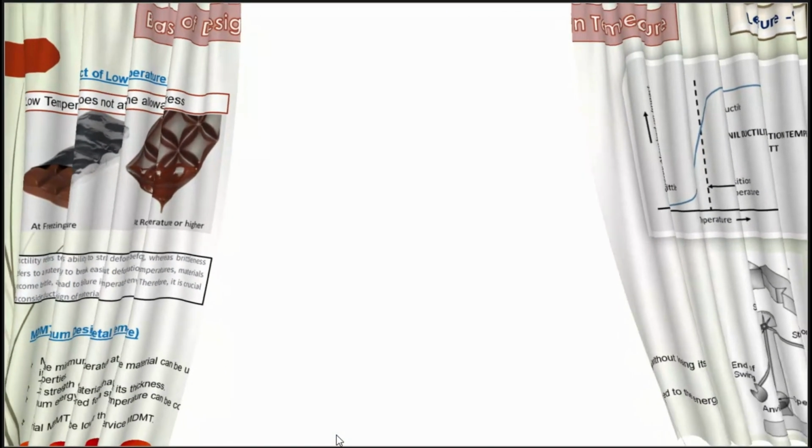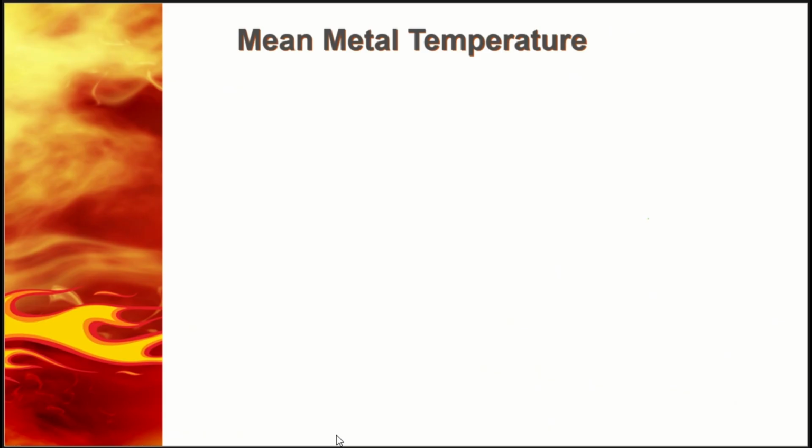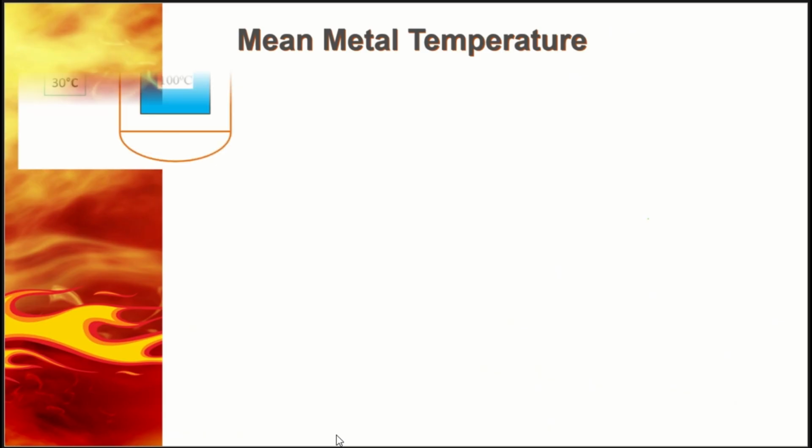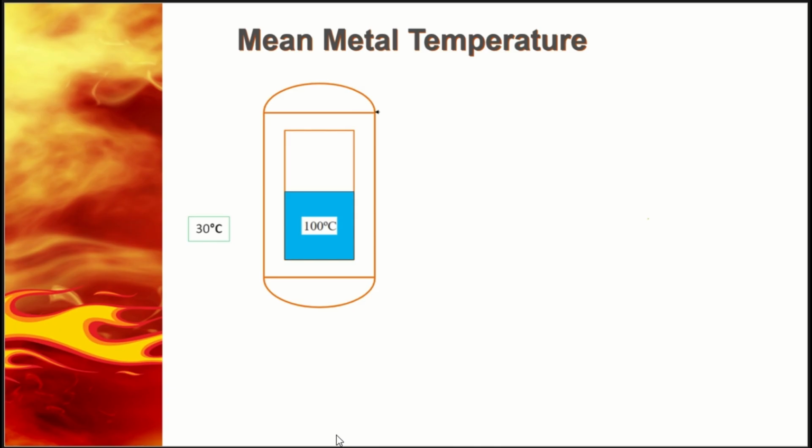Okay, in UG20, before going to UG20, there is one more term mentioned in the code, that is mean metal temperature. So what is mean metal temperature, guys? For example, this is our pressure vessel and this is our fluid, which we are storing at 100 degrees Celsius. Outside is 30 degrees Celsius. We know that heat flows from high temperature to low temperature, that means it will go outside. So what is the temperature at the outside surface of the vessel?